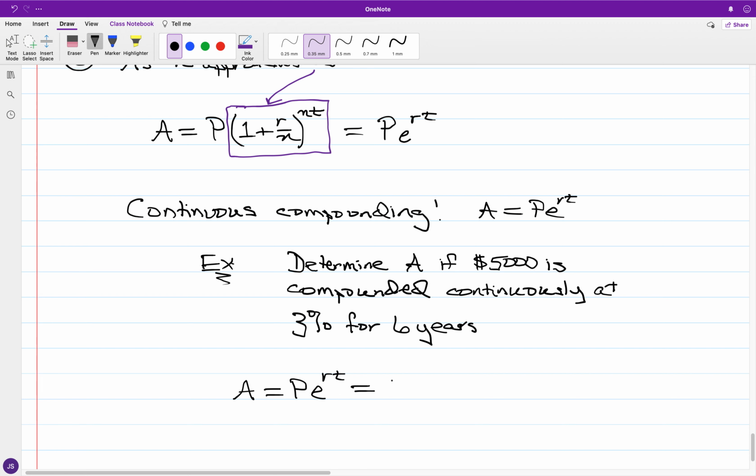P is going to be $5,000, and we still have the same r, so r is 0.03. And t, again, is 6 years. And 0.03 times 6 is 0.18.